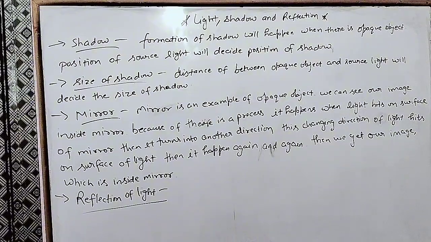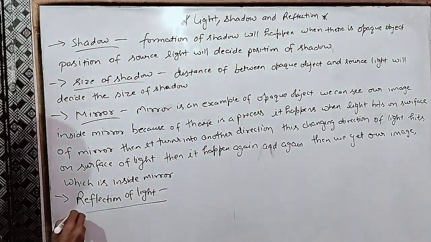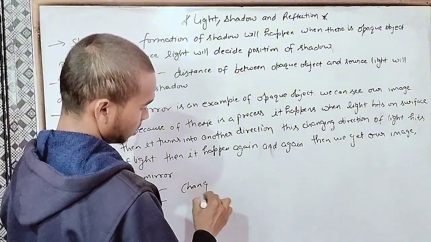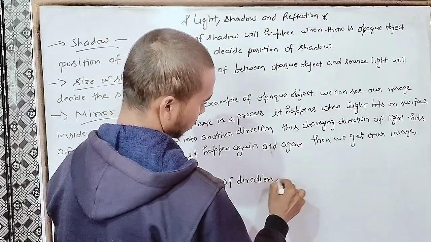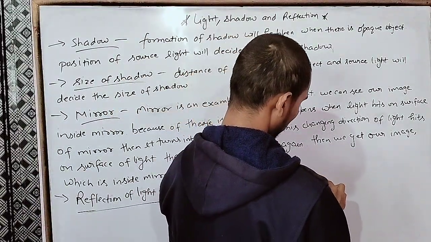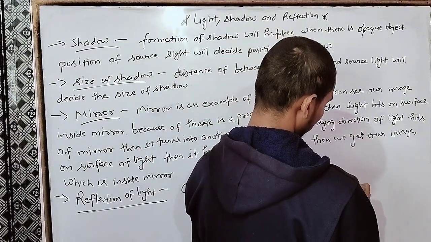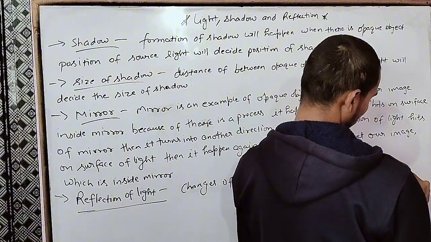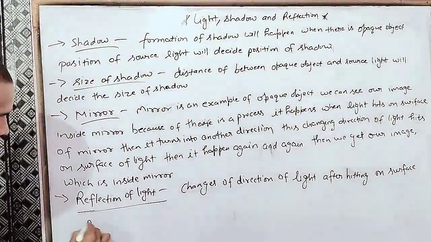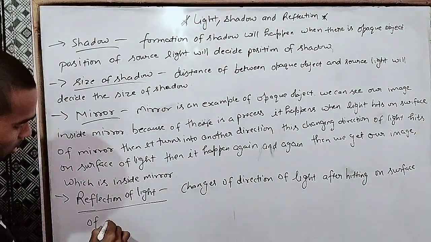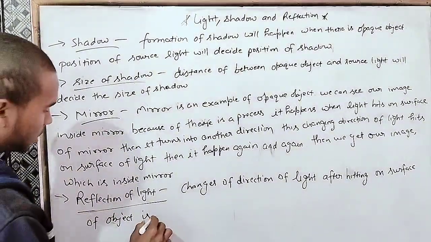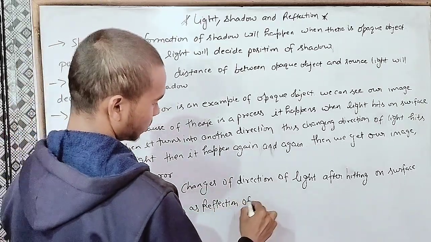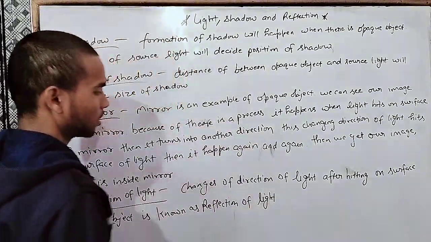Here, I would say the change of direction of light after hitting the surface of an object is known as reflection of light. Clear, brother? Reflection of light.